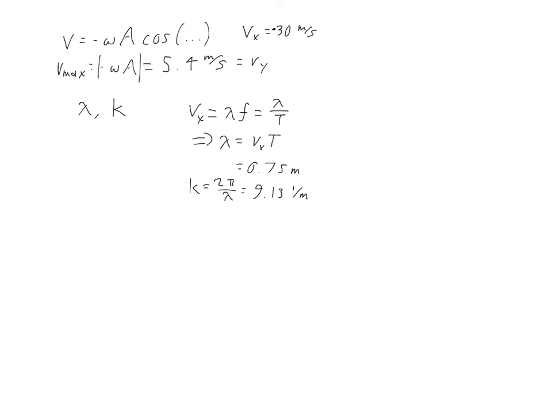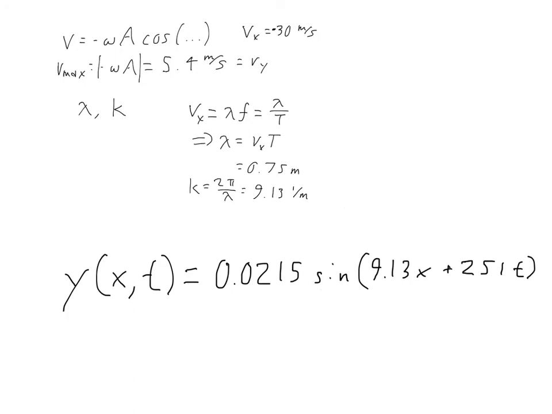So if we do that, our expression for the wave itself as a function of position in the x direction and time is the following. This is the following expression, and all in units of meters, seconds, or inverse meters, inverse seconds.